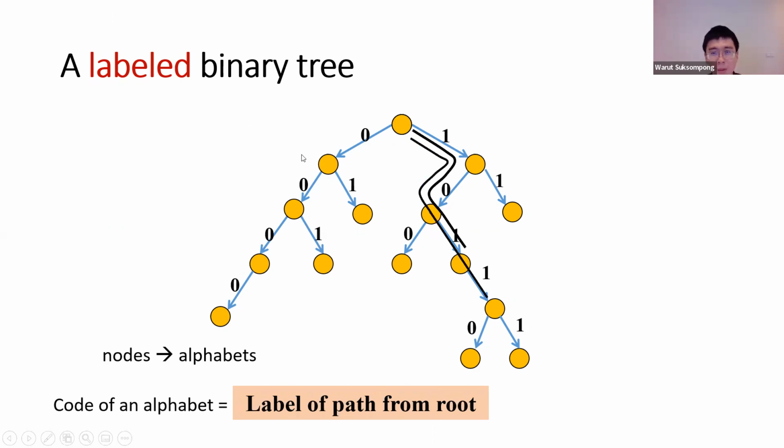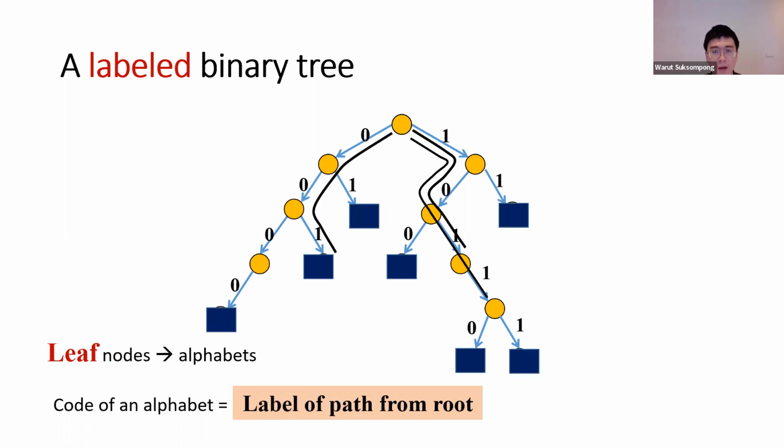But that's already a problem. If these two nodes are two different letters, then you have the codes 101 and 1011, and that's exactly what we wanted to avoid, because one encoding is a prefix of the other. So we make only the leaf nodes correspond to the letters in our alphabet.